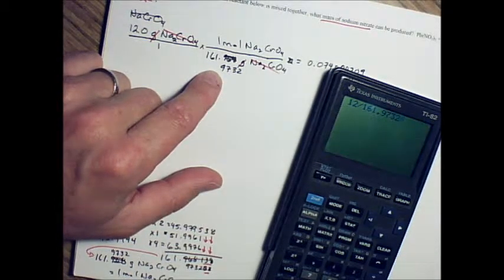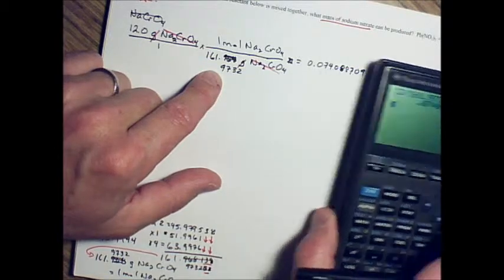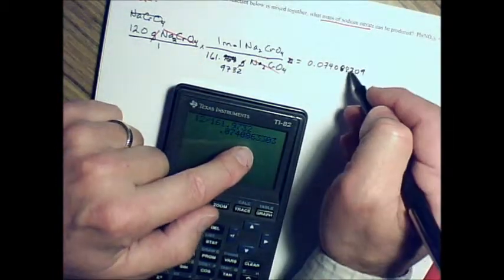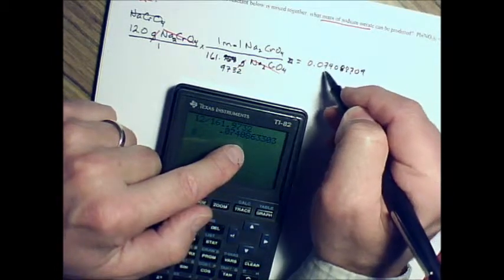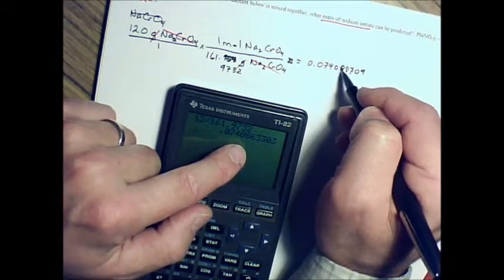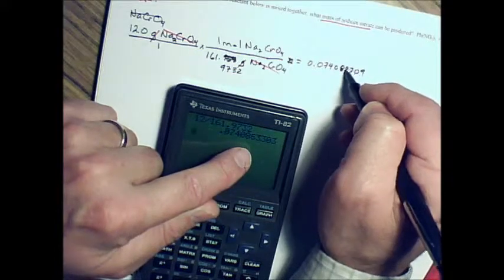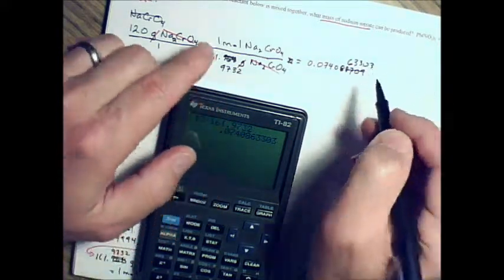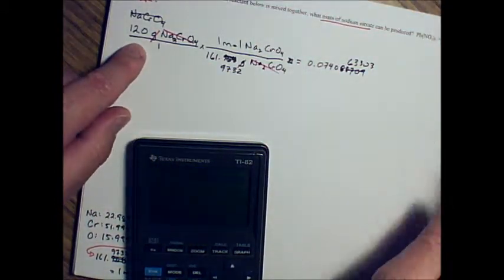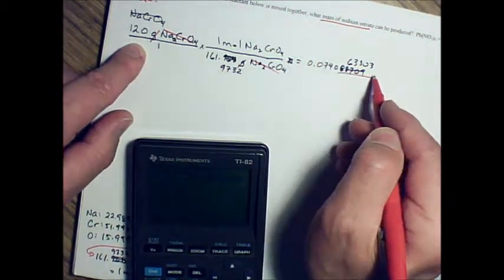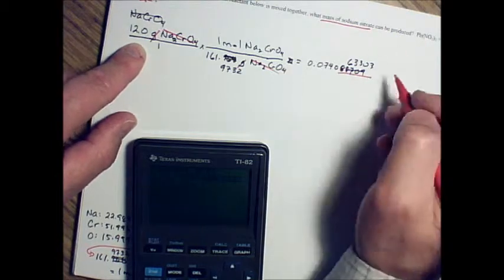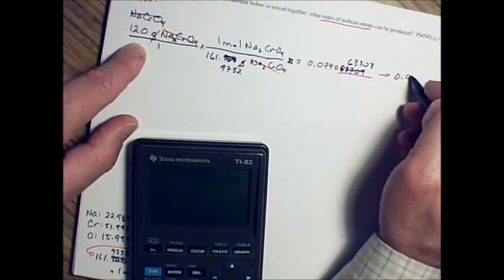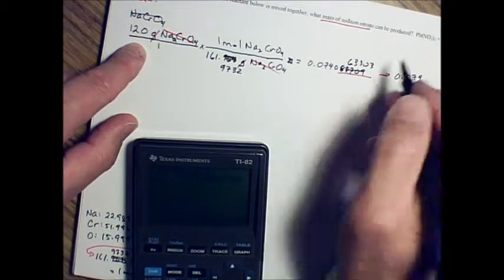I was just trying to get to this in a hurry, and it didn't help much when I made a mistake. So that now becomes 86 here. 0.07408 is correct. Then we're going to round off everything but the first 3 significant digits. So that becomes 0.074.